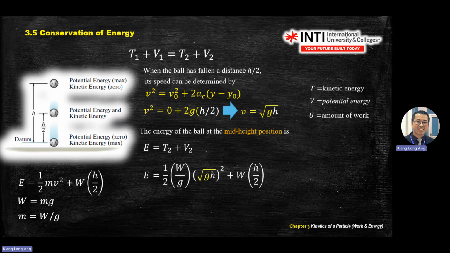You replace your W equals mg, so m equals W divided by g, and you substitute your m here. Then in the equation you don't have m anymore, so you can simplify it, and it becomes mgh. It's the same as at the first location. Energy doesn't change under the conservation of energy principle.